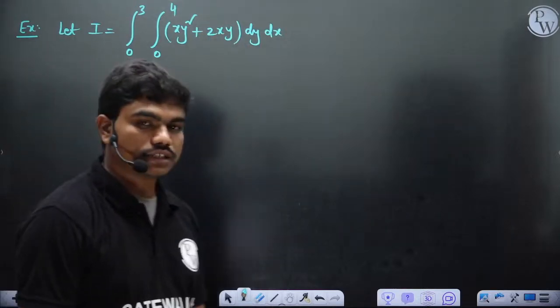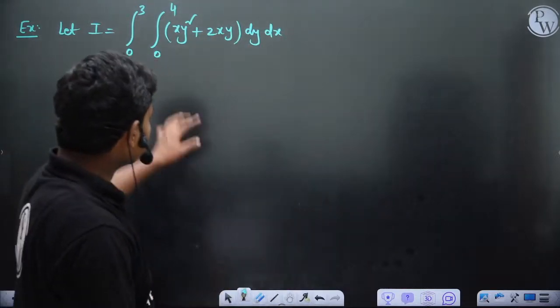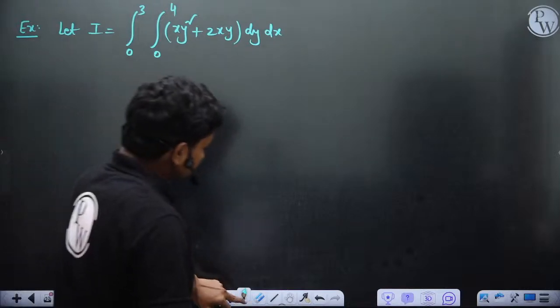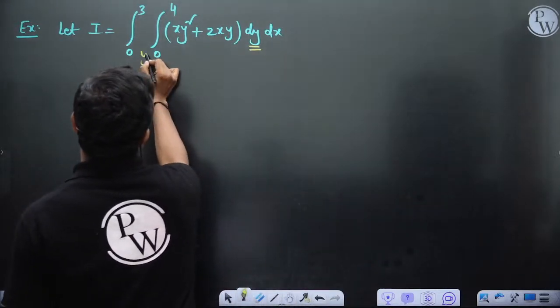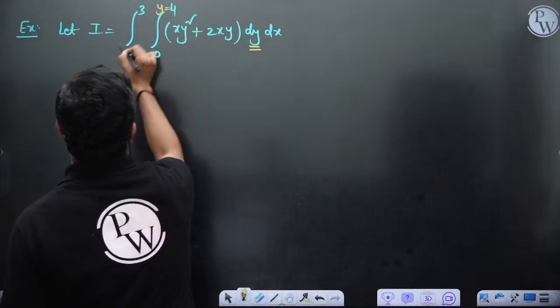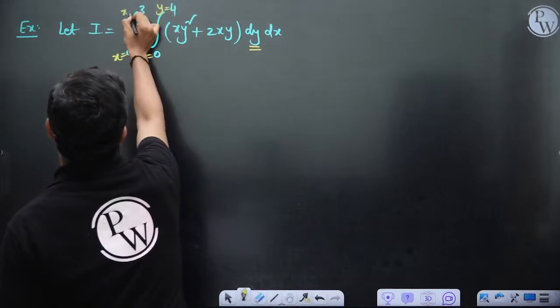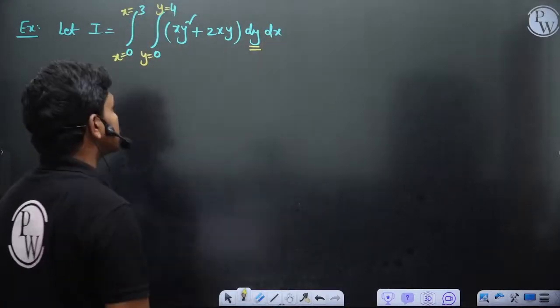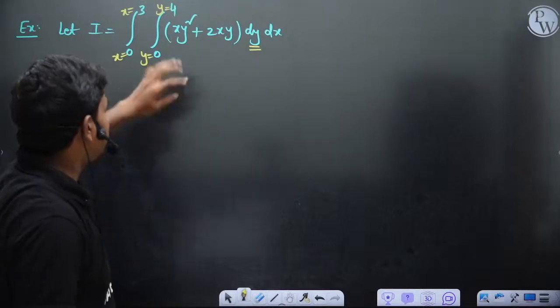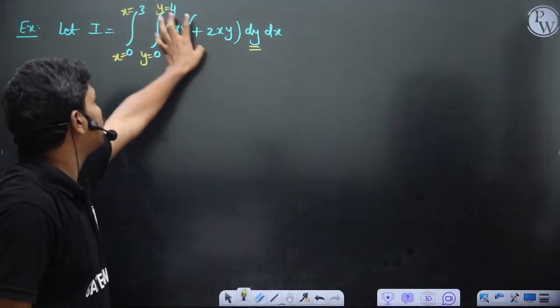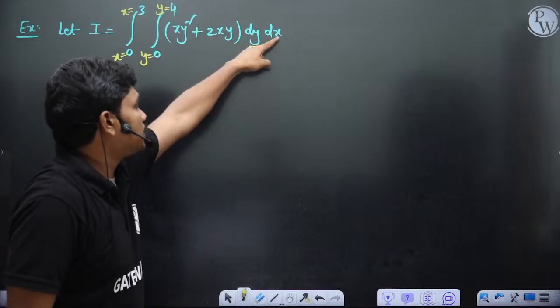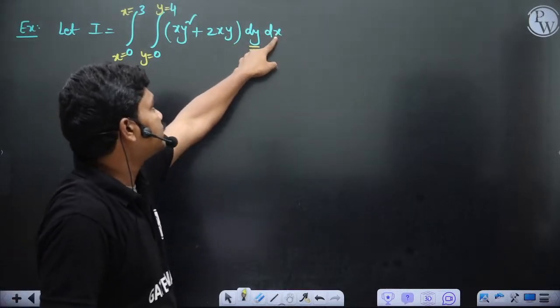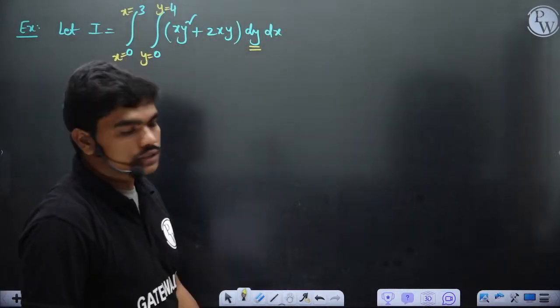So this is the integration that I ask you to do. Clearly this is y, so these are the y limits, and this is x, so these are the x limits. x is the outer variable of integration. In case of constants, the inner integral corresponds to the inner integrating variable, and the outer variable corresponds to the outer limits. So that's what you have.